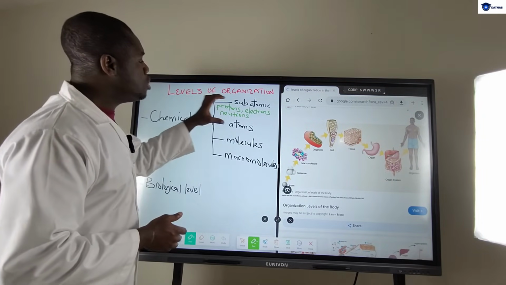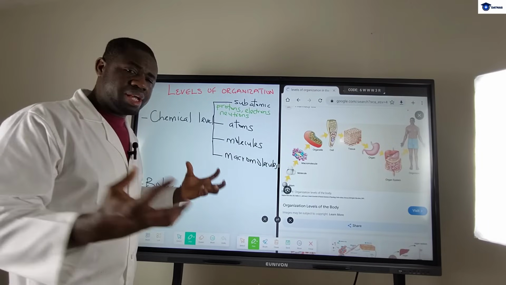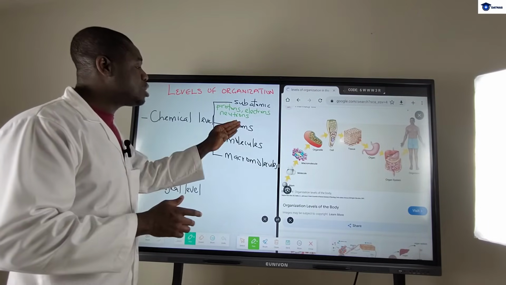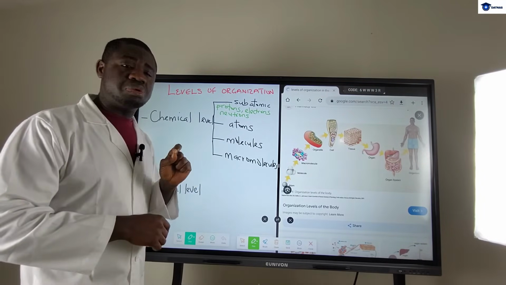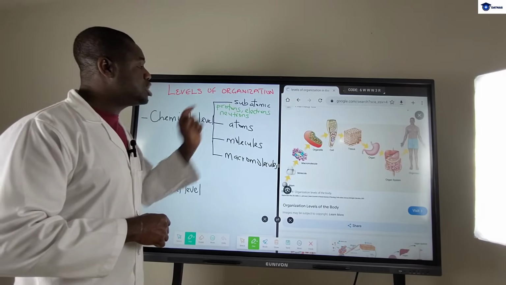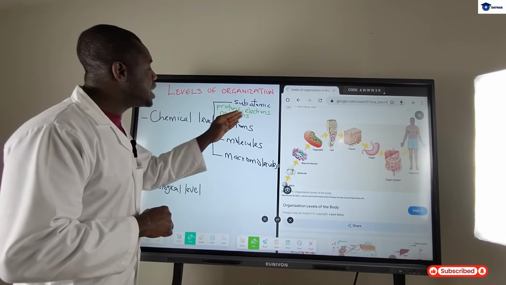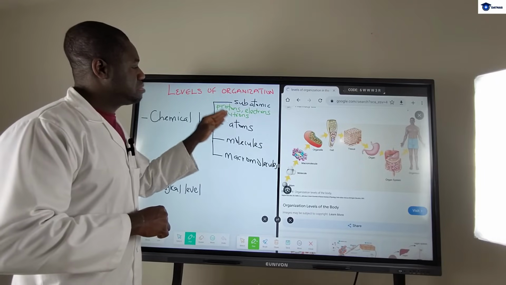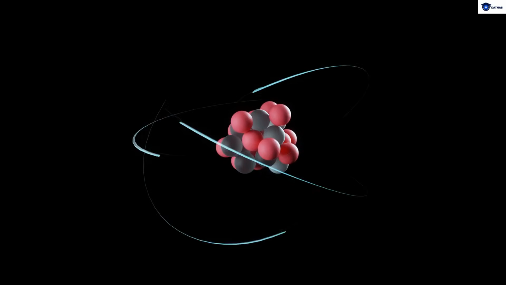So the protons, electrons, and neutrons come together to form atoms. That is, in each atom, we will have proton, electron, and neutron. So these subatomic particles come together to form atoms.